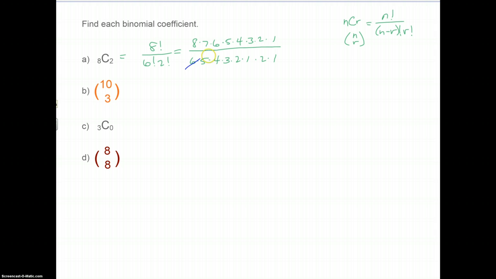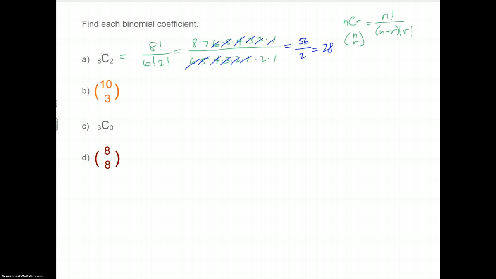Okay, 6 cancels with the 6, the 5 with the 5, 4 with the 4, and so on. And I wind up with 8 times 7, which is 56, divided by 2 times 1 is 2, or 28. So that would be the numeric coefficient of that term in the binomial.